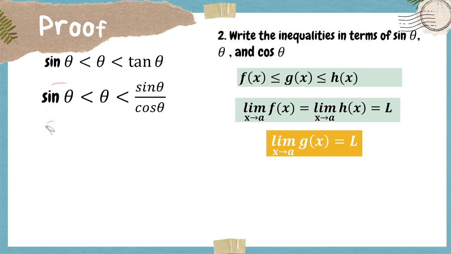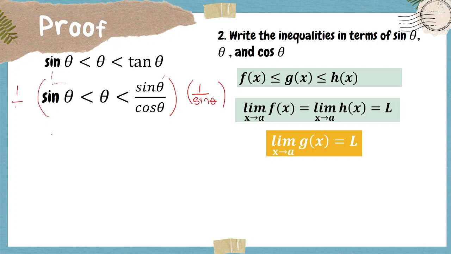In order for us to get 1 here and 1 here, we need to multiply by what number? What do I multiply, or divide, so both become 1? I multiply by 1 over sin theta.